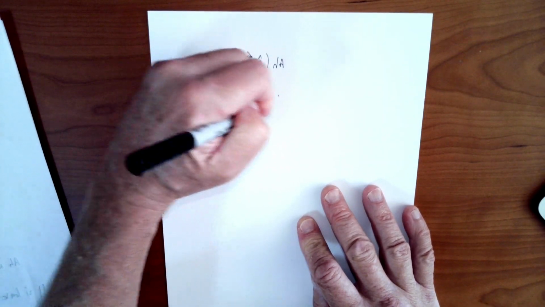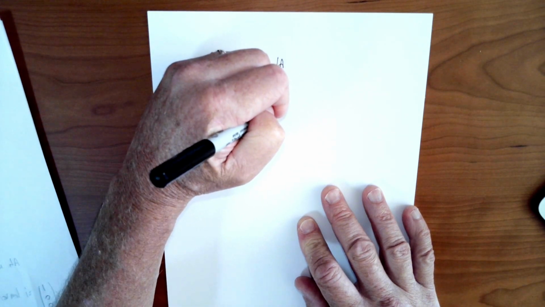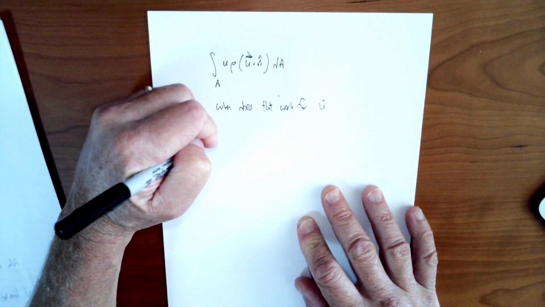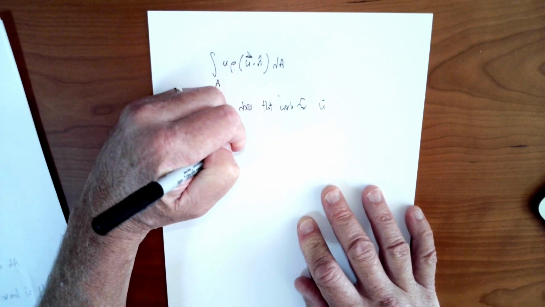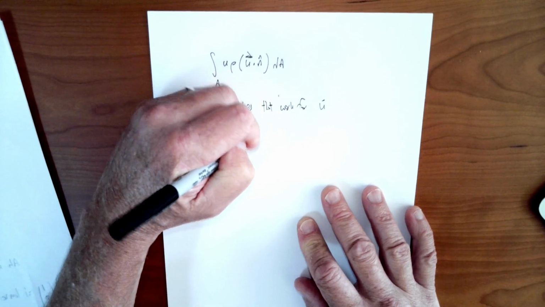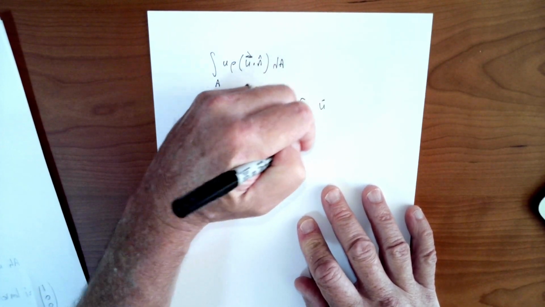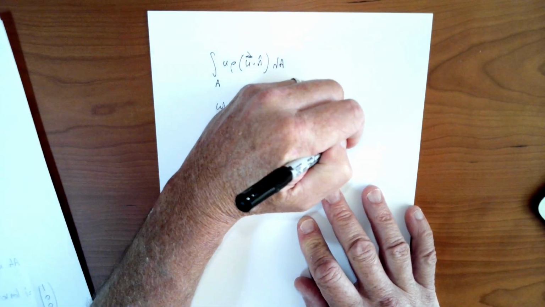So the question is, we've got the integral over A of rho u vector dot n hat dA. Does it equal the integral over A of u bar rho u bar dA?